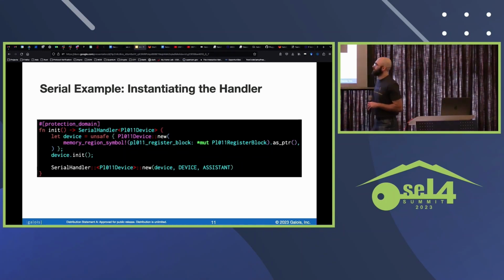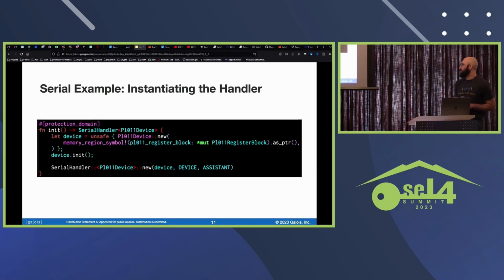In this case, the PL011 device. And because that already implements the serial read and write traits, we can just use it to instantiate a serial handler, and we're done. This is the entire code of our driver.